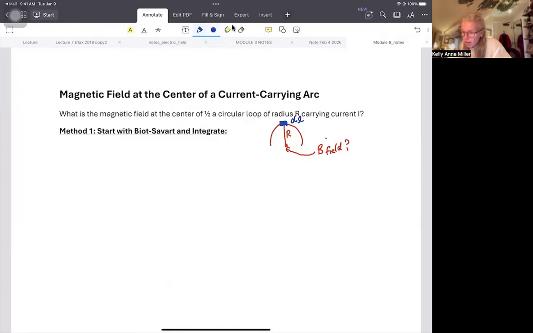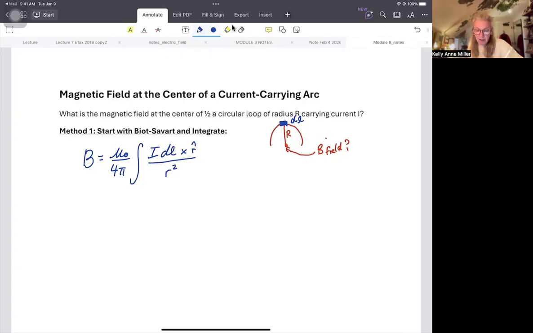I know that the Biot-Savart law is basically you've got this constant, and then I integrate I DL cross R hat over R squared.